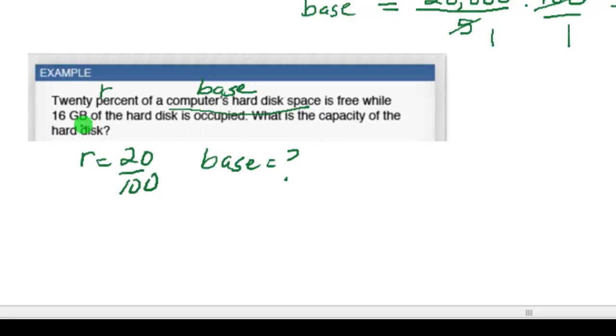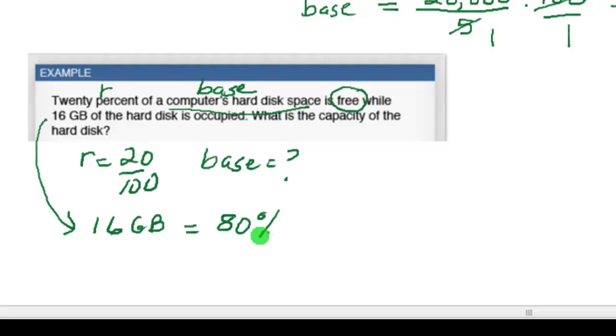And this was a little tricky because it says that 20% is free, but they give us the occupied space, right? So we're not going to use the 20% rate because the 16 gigabytes represents 80% of the disk, right?